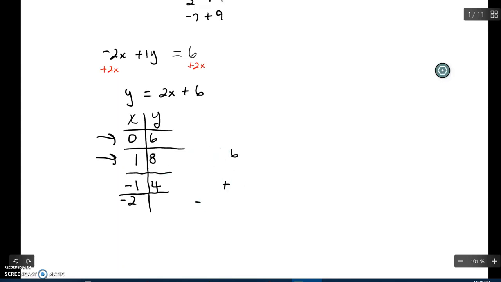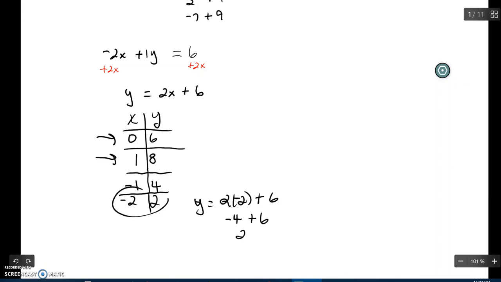If we plug in negative 2 into this equation, we're going to get y is equal to 2 times a negative 2 plus 6. All right, and that means we're going to get 2 times negative 2 is negative 4 plus 6. And negative 4 plus 6 is equal to 2.